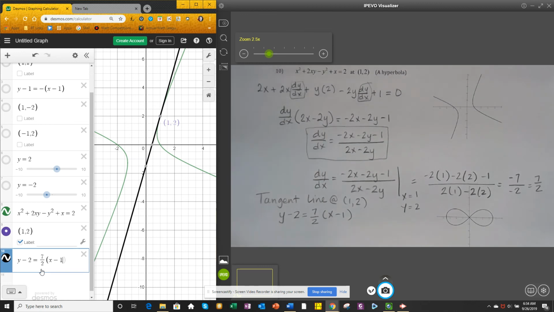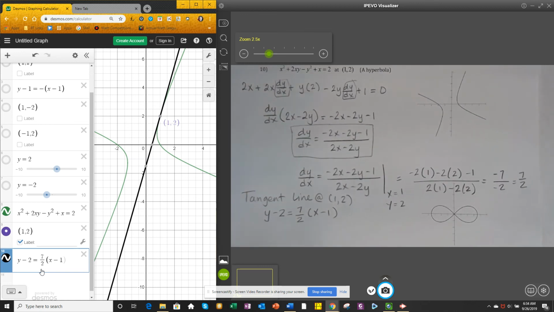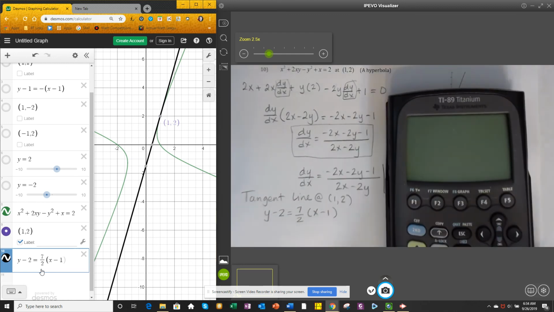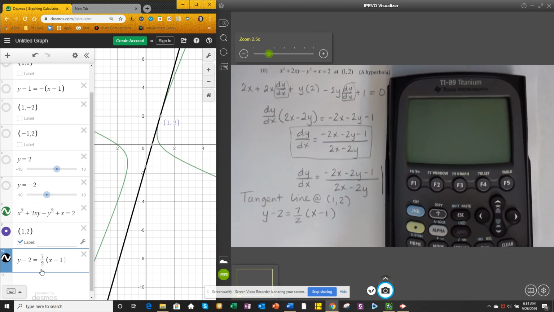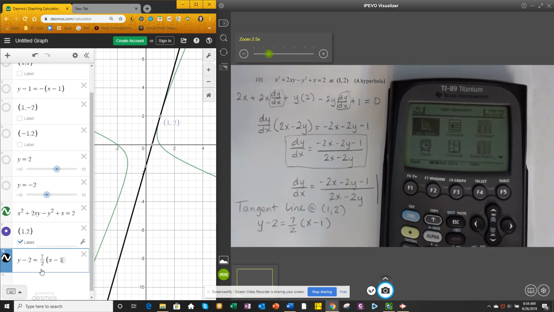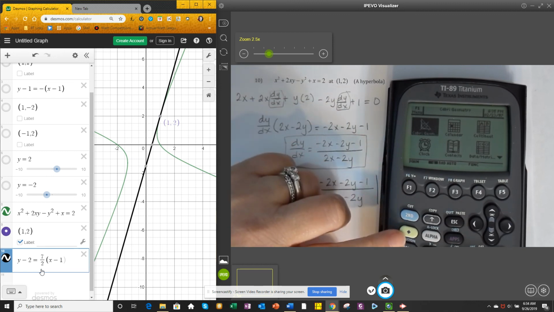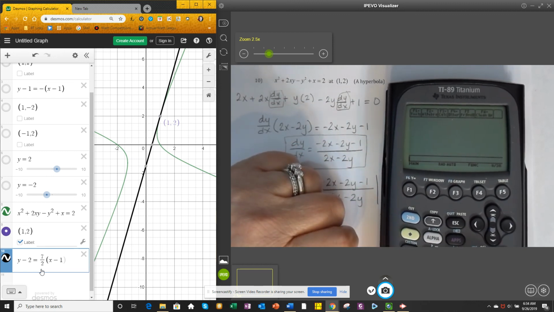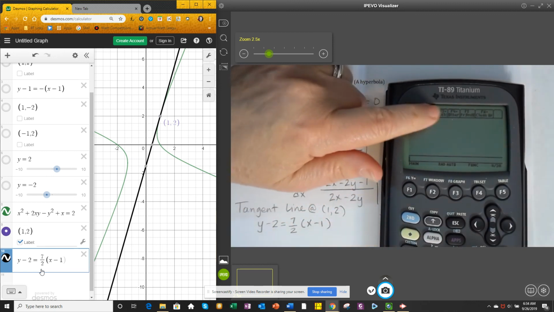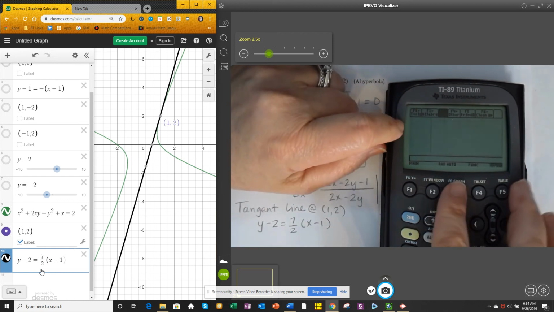So the one thing I did want to show you was finding the derivative on the calculator really quickly. Our TI-89 has an amazing function. Pardon the pun, right? Amazing function. I'm going to go to the home screen here, and we're going to go to the calculus menu, which is F3.